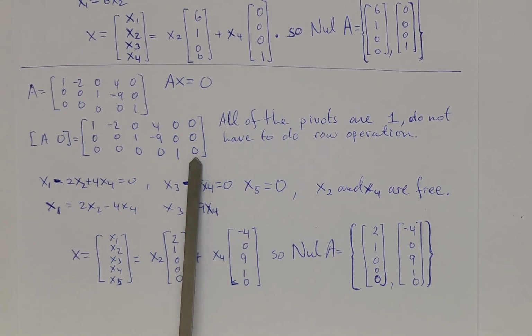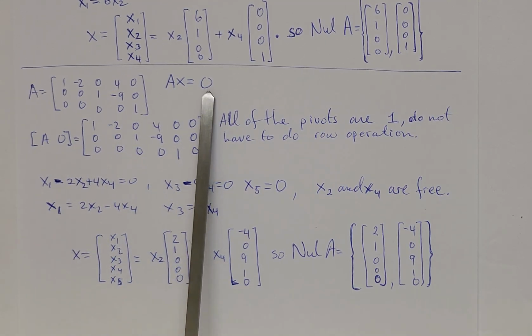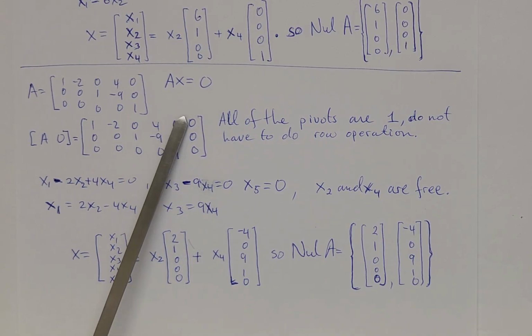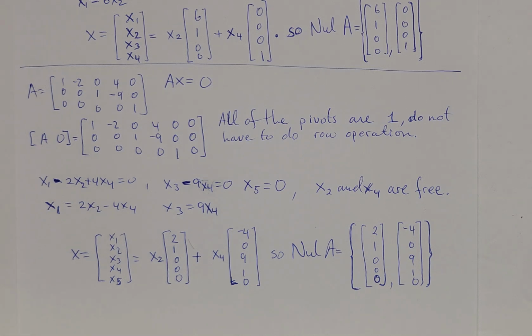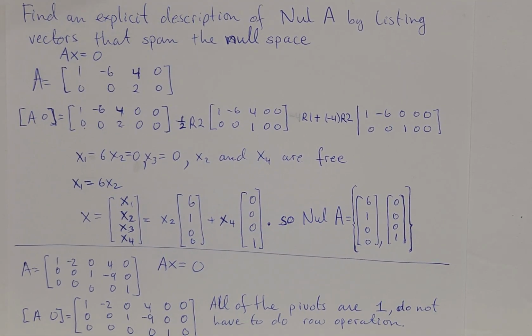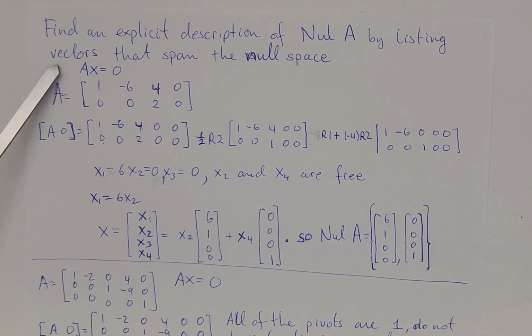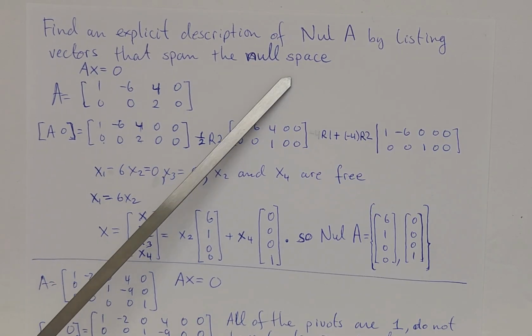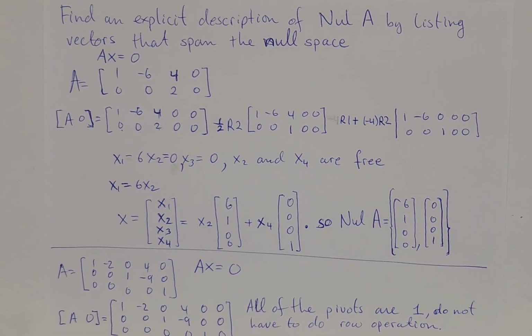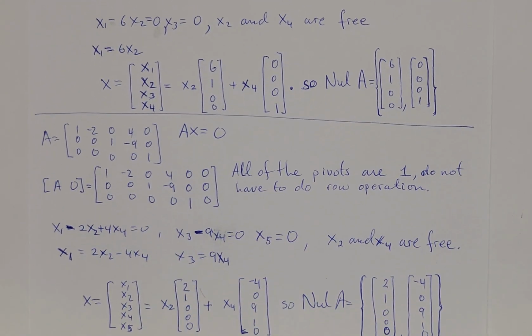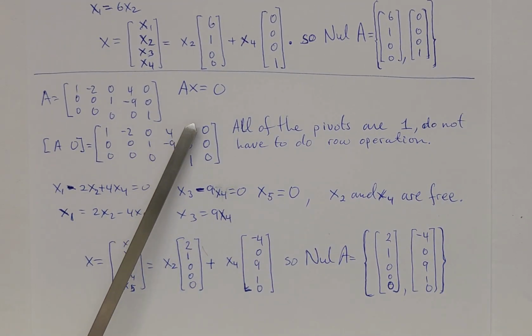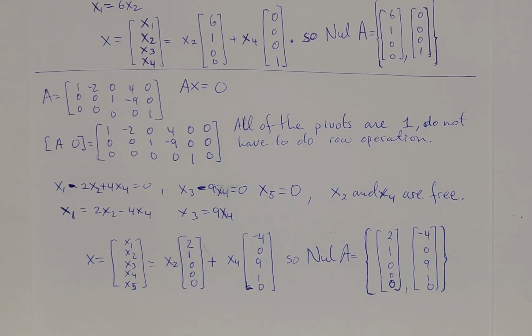The last column is 0 because this is a 0, and the reason again why we have a column of 0 is because we are solving for vectors that span the null space, or in other words, we are looking for all of the vectors x that span the null space. So that's where the extra column of 0 is.